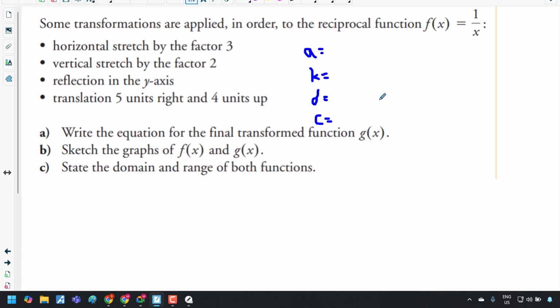Anyone you want to start with, I don't care. A would be 3. Look at your notes. That's what I asked you to take notes. Yes, A is 2. Perfect.